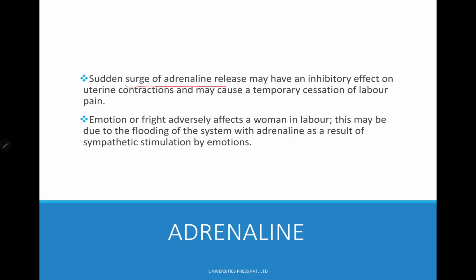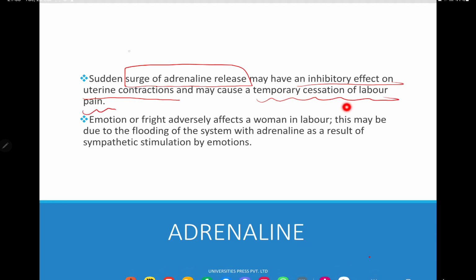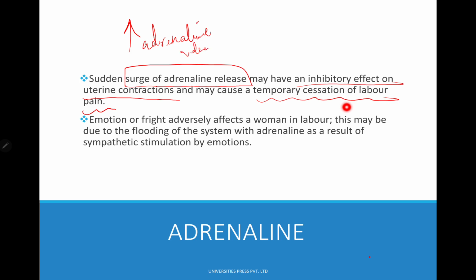A sudden surge of adrenaline release may have an inhibitory effect on the uterine contractions and may cause a temporary cessation of labor pain. So just look at the beauty. Because of this sudden surge in adrenaline release, it's going to have an inhibitory effect on uterine contractions, and because of that, the pain is going to be reduced.